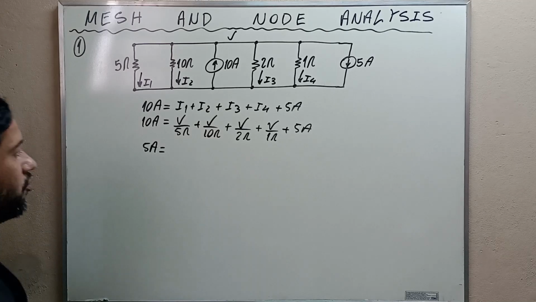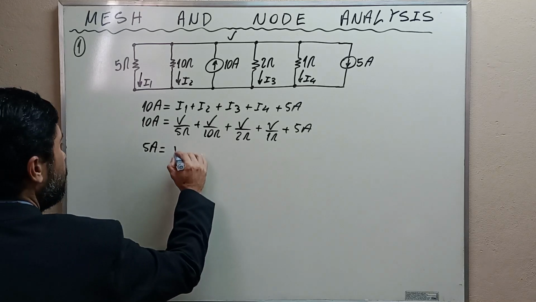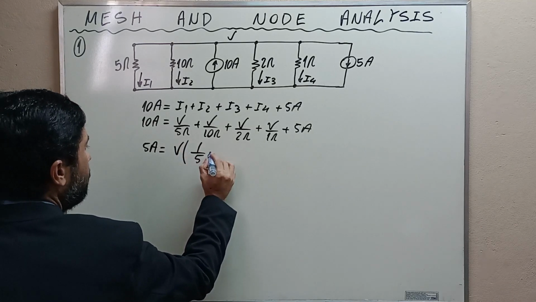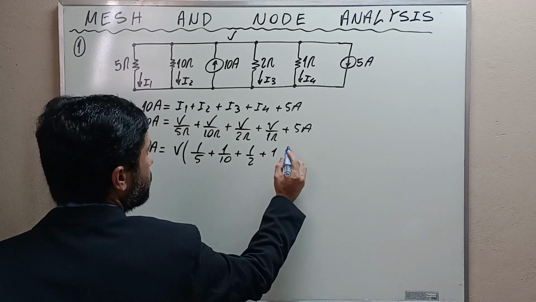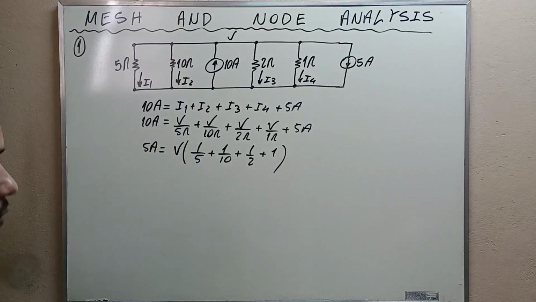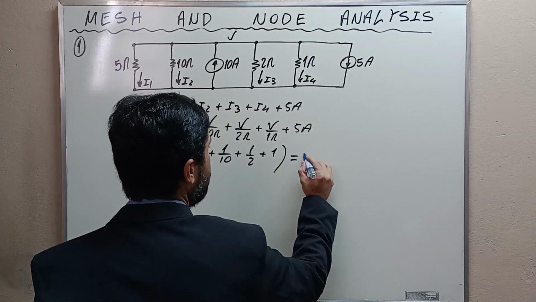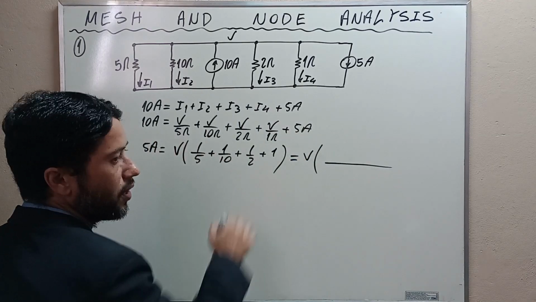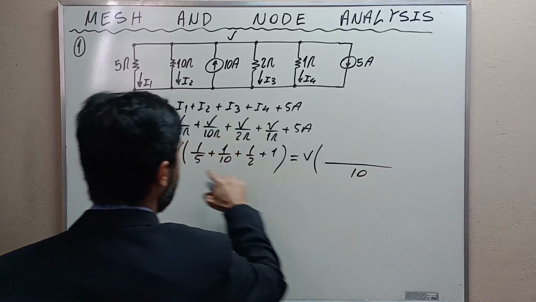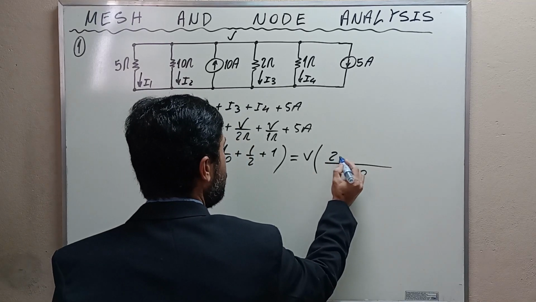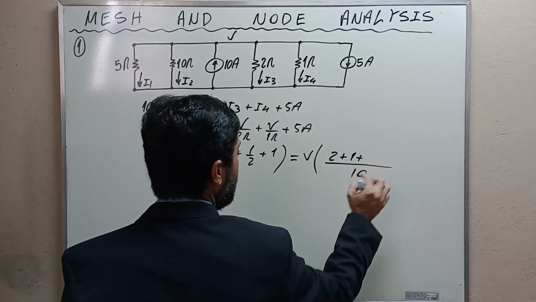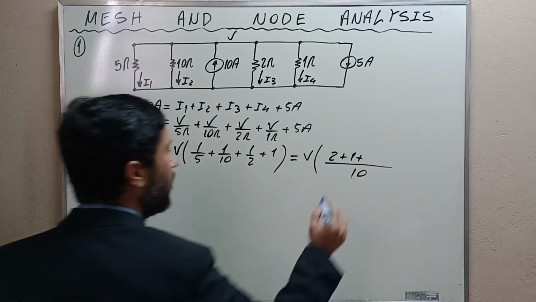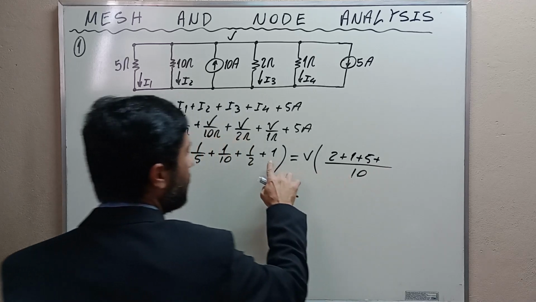And here to solve this part, we are going to use the lowest common denominator, alright? 5 amps equals V times (1 over 5 plus 1 over 10 plus 1 over 2 plus 1). And if we solve, the lowest common denominator here is 10. 10 divided by 5 is 2, plus 10 divided by 10 is 1, plus 10 divided by 2 is 5, plus 10 divided by 1 is 10.